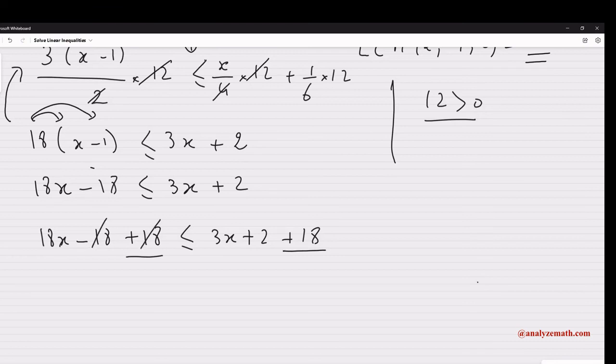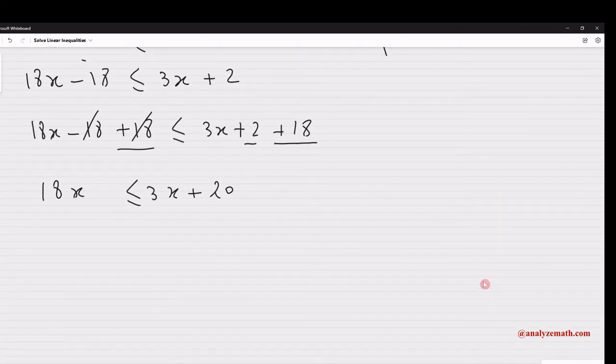Simplify. This gives me 0. Left with 18x. 3x. 2 plus 18, 20. Now we need to move this 3x to the other side by subtracting.